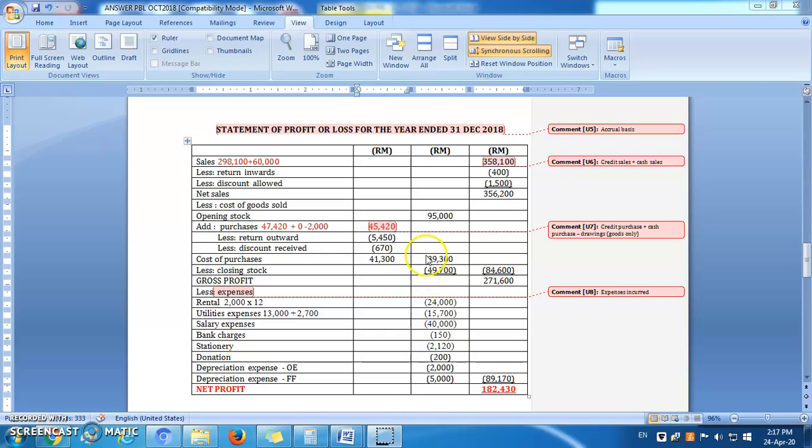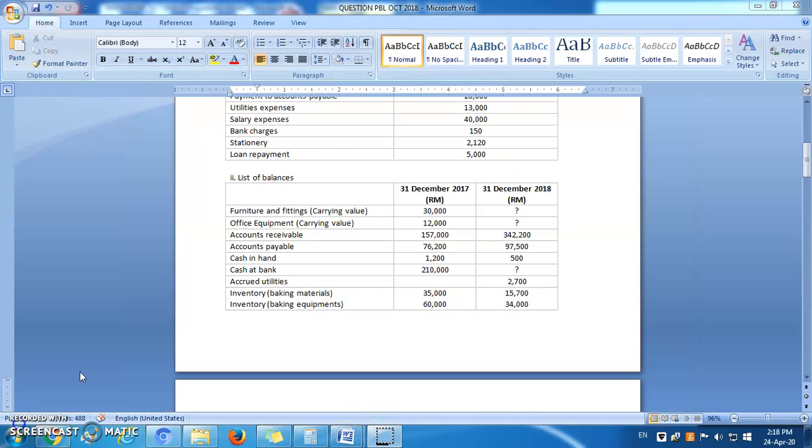Opening stock and closing stock are retrieved from our table listing down our opening and closing balances. Our opening inventory and closing inventory are here, as at 31st December 2017 and 2018.